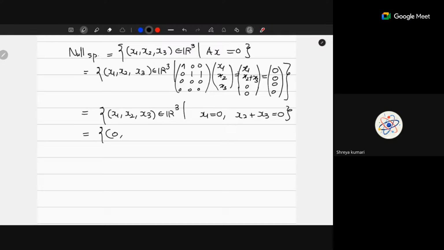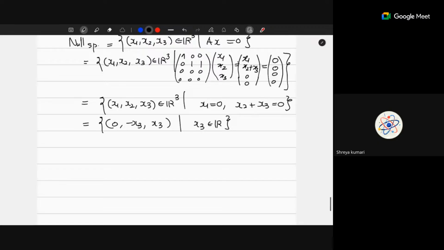And then x2 is equal to minus of x3. So you get 0, minus x3, x3 in R3. So you get this expression, and x3 is the only variable that is varying now, because you have reduced this vector in terms of x3 only.